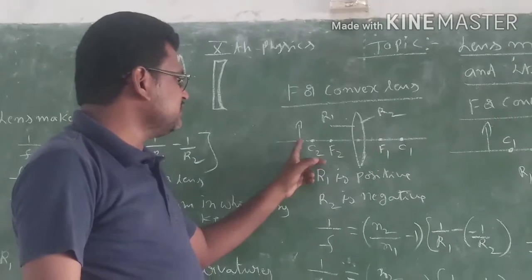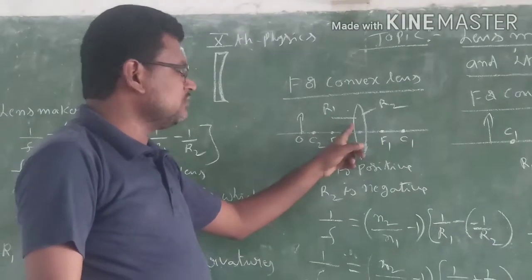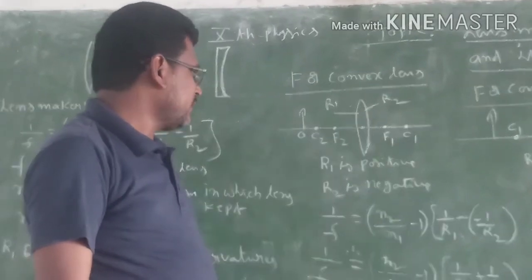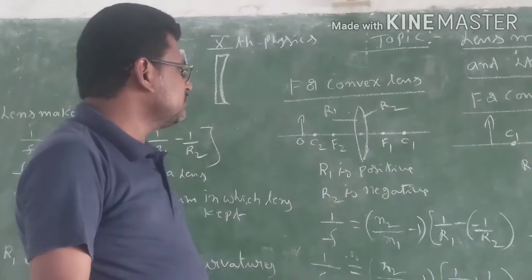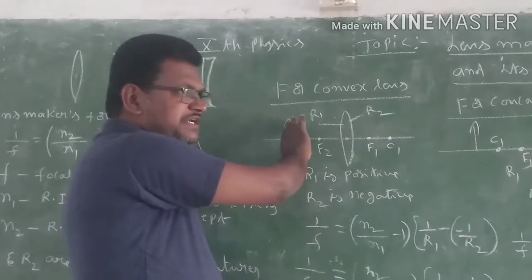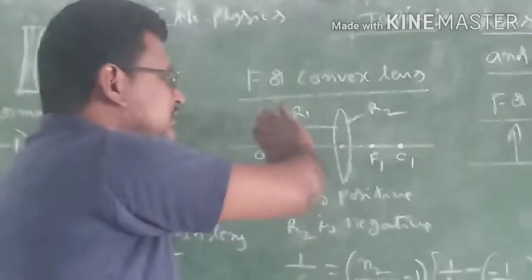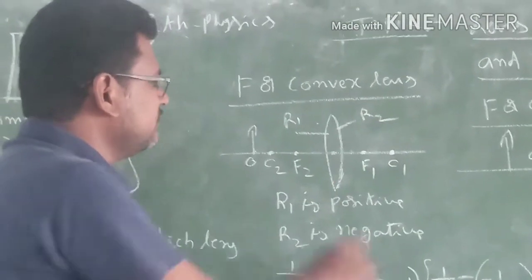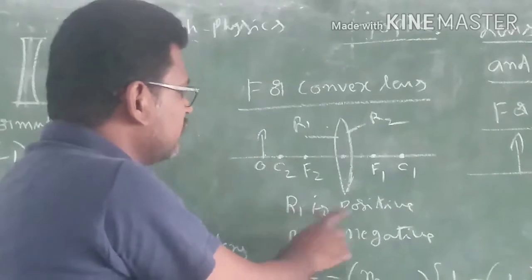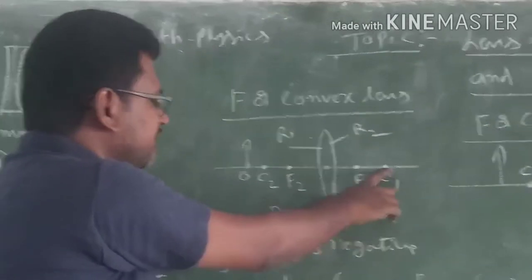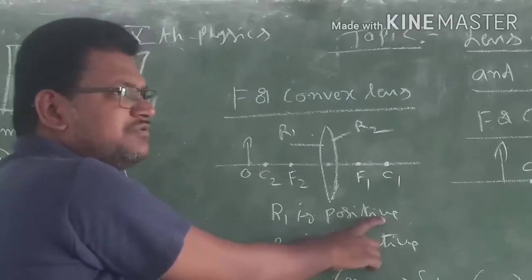So here the object is taken on the left side, so this surface is 1 and this surface is 2. For this, the incident light rays from the object incident in the direction from left to right. That means R1, the distance from the center of the lens to C1, is taken as positive.